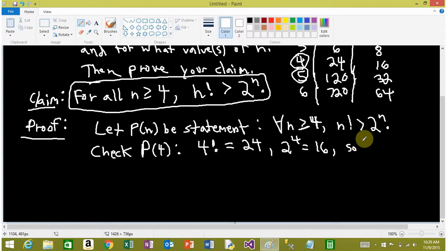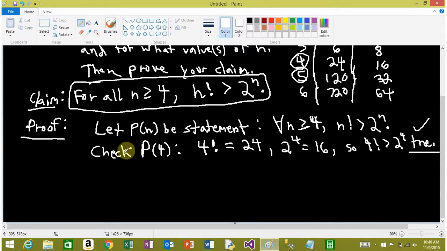So we know that 4 factorial is greater than 2 to the 4th. So that's true, and that's okay. That's our base case. P of 4 we know is true.